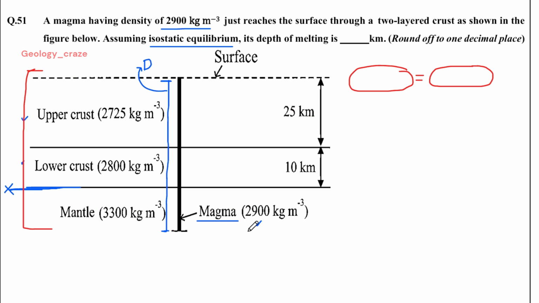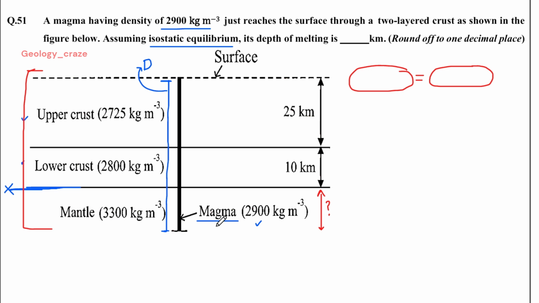And we have to calculate the depth. We know the thickness of the upper layer, that is 25, and the lower layer is 10 kilometers. We don't know this one, and we don't know the overall thickness, meaning the depth from where our magma is generated.